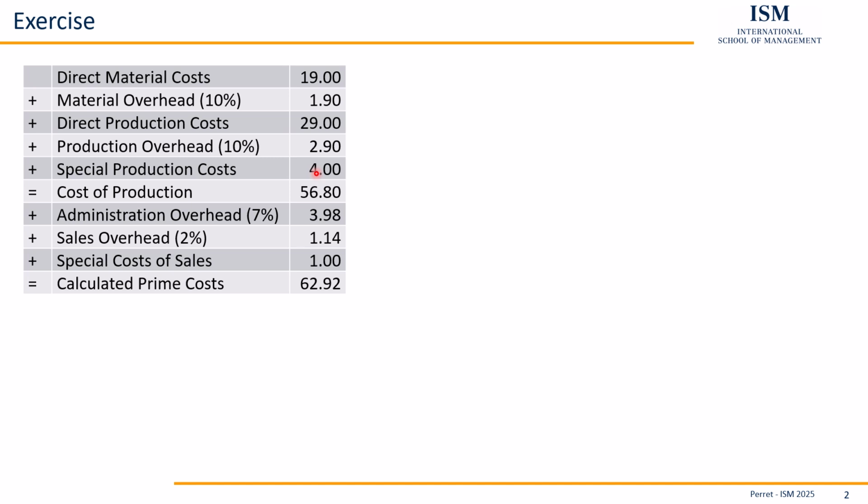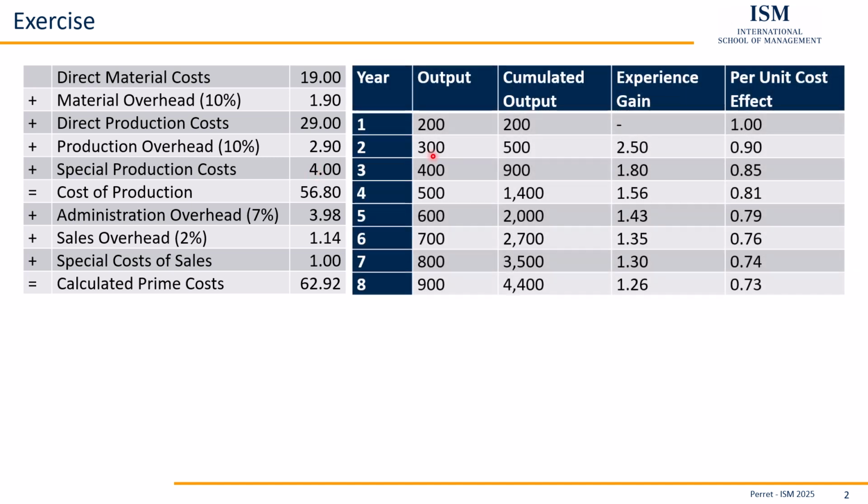In addition to this current situation, we have here an overview of how the output developed over the different years, and thus the cumulated output of our company. Based on this output, we can say that we gained some experience in the production process.